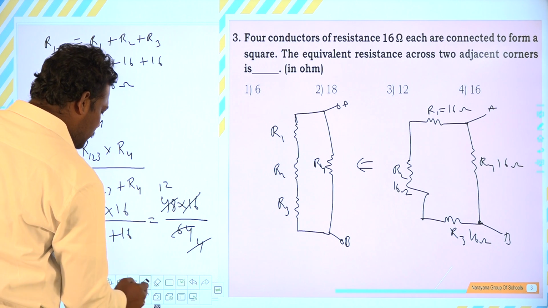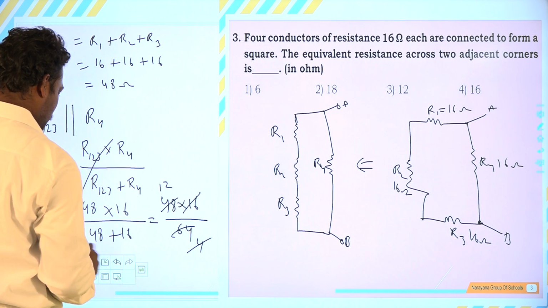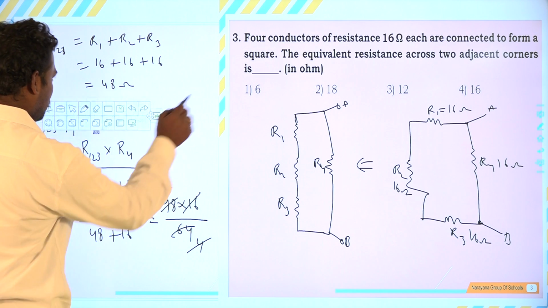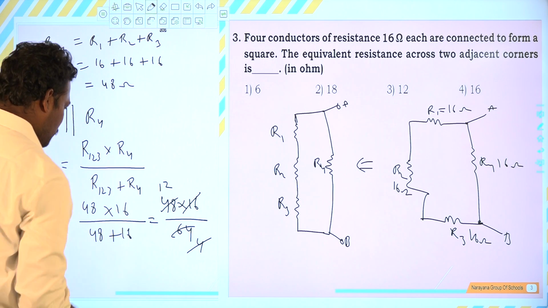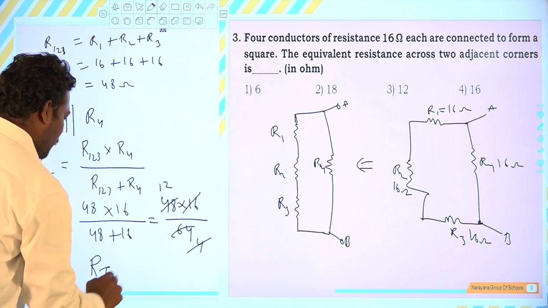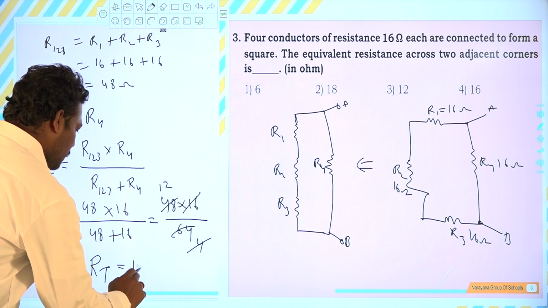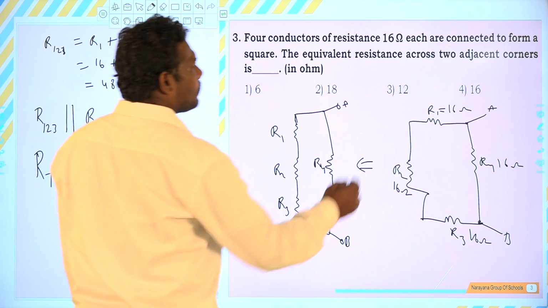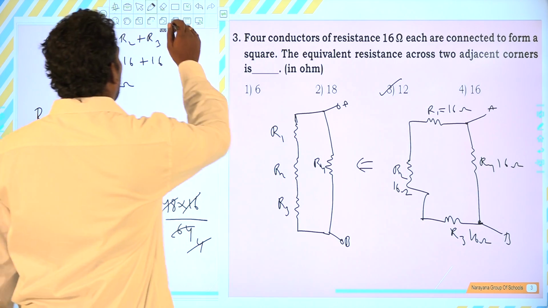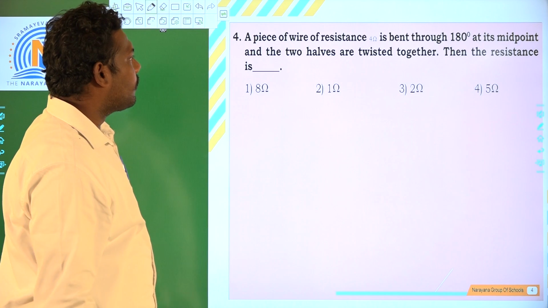So the final equivalent resistance of this circuit will be 12 ohms. Now let us get into the fourth question.